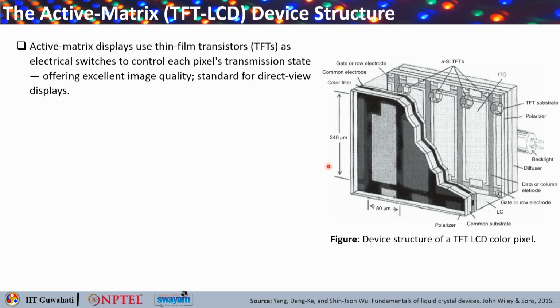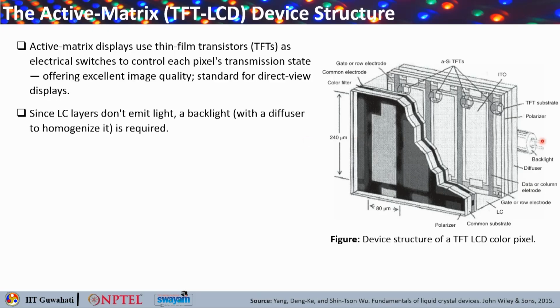Active matrix displays use thin film transistors as electrical switches to control each pixel's transmissive state, so they can offer excellent image quality, and these are standard for direct view displays. Since the liquid crystal layers do not emit light, you require a backlight and a diffuser to homogenize it.